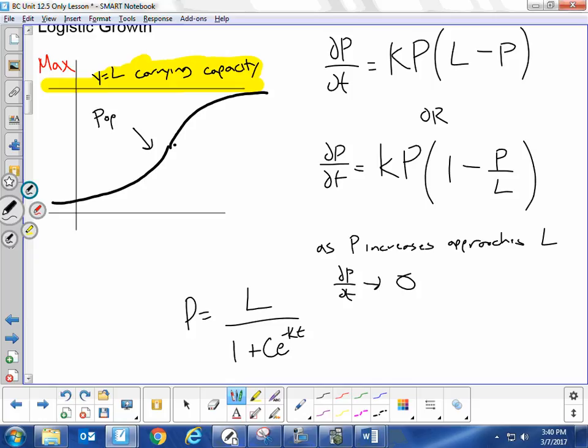We need to be familiar with both of these. And the most important part about both of these is this, L. This is a constant. This is the max population we can have. That's our carrying capacity. Okay?